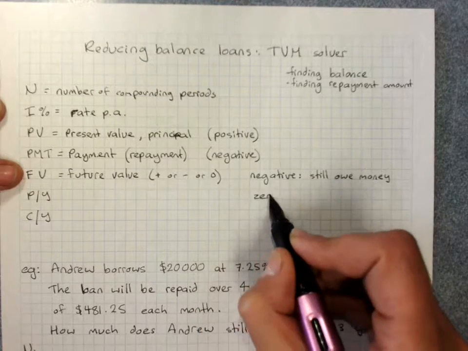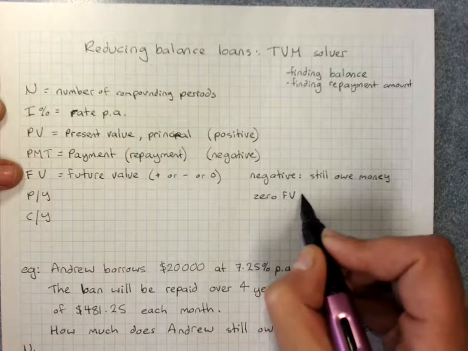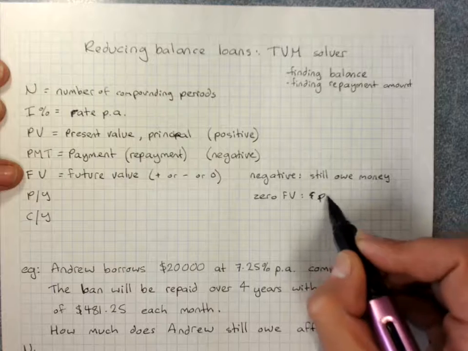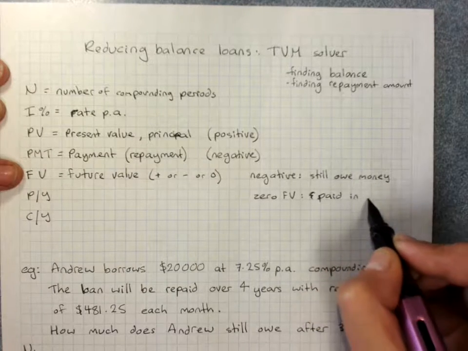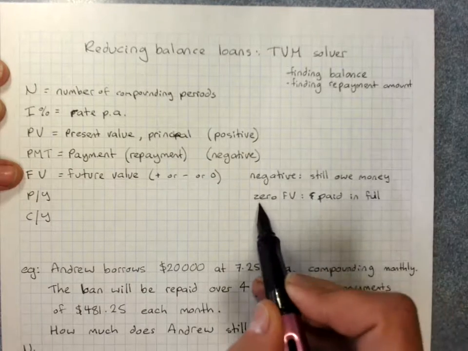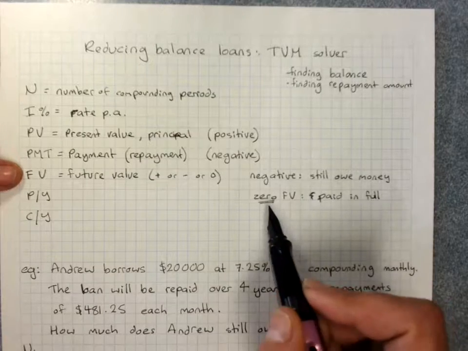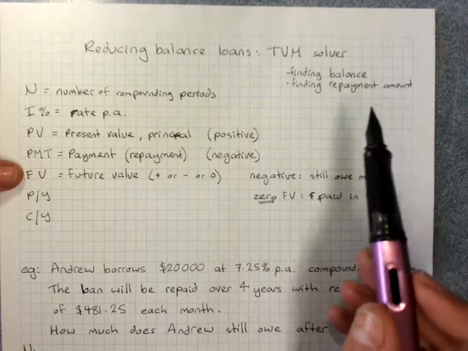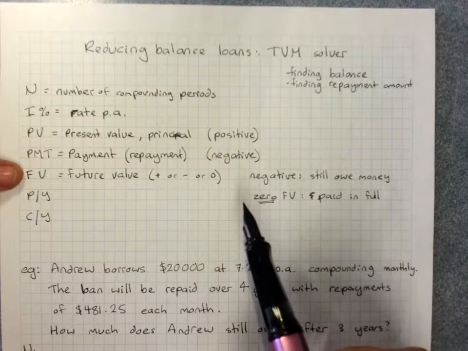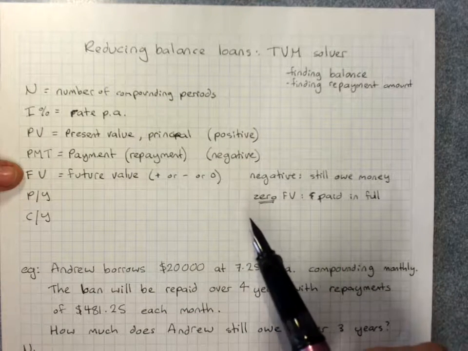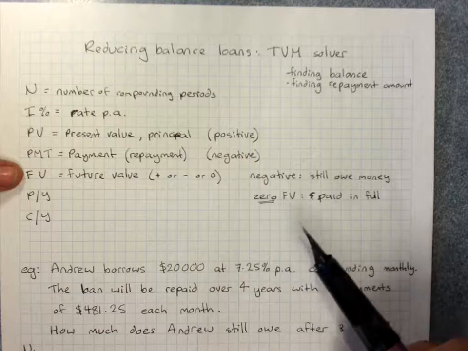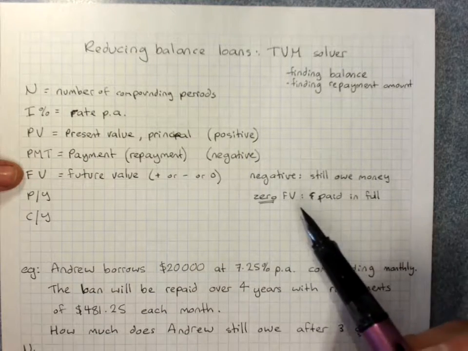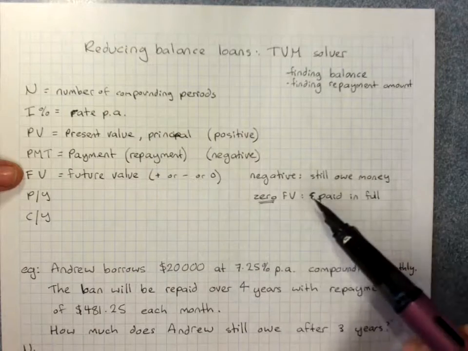Future value negative means that we still owe an amount. Zero for a future value means the loan has been paid in full. Now this is actually really important. Anytime we need to find the repayment amounts, anytime we're calculating based on I need to pay this loan off completely, we will set the future value to zero because I want to owe no money.